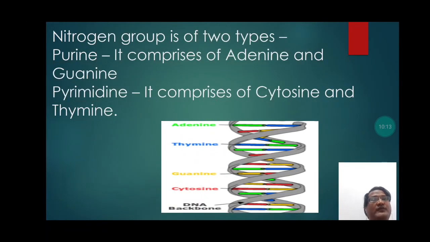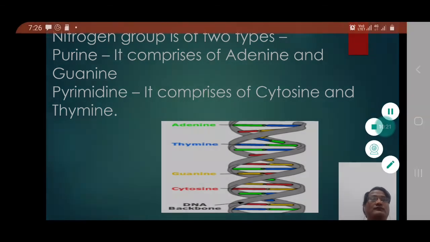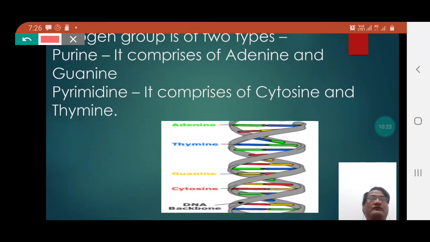Nitrogen base is of two types, purine and pyrimidine. Purine comprises of adenine and guanine, whereas pyrimidine comprises of cytosine and thymine.